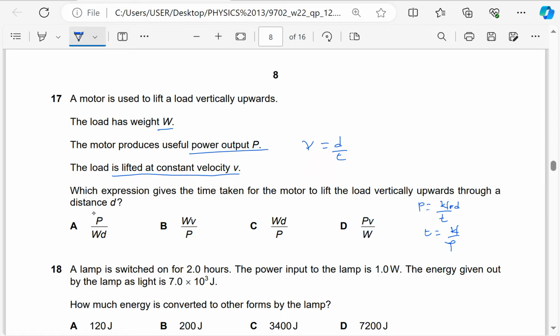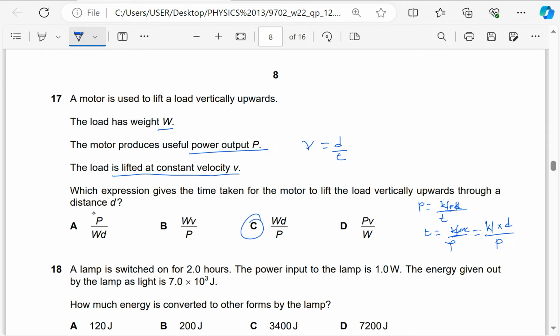Let me just write this as work, not W, because W is given as weight. But the work done is equal to the weight, which is the force, times the distance, which is capital D, then divide by the power, which is going to be P. So this means the answer is going to be C.